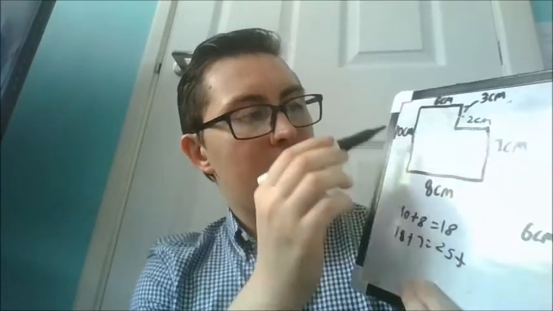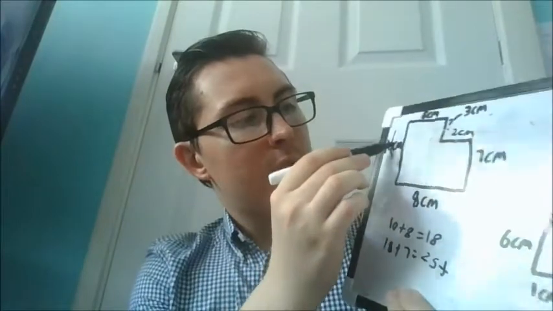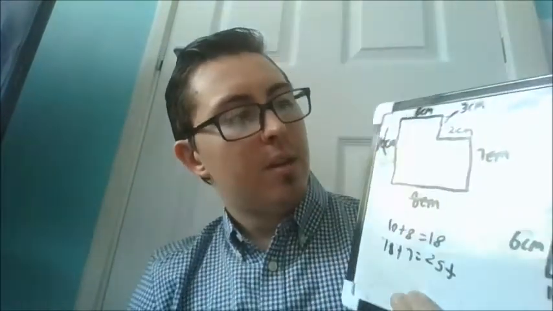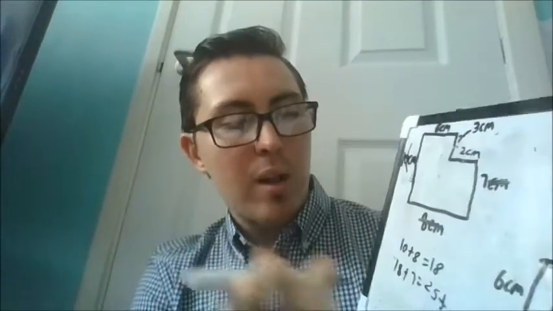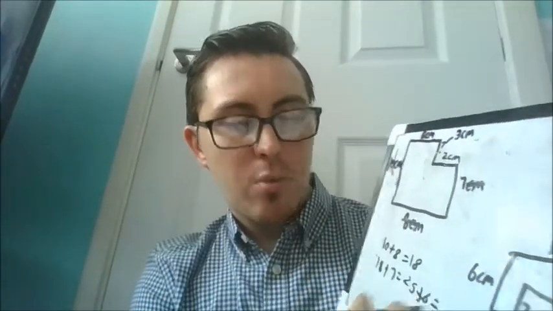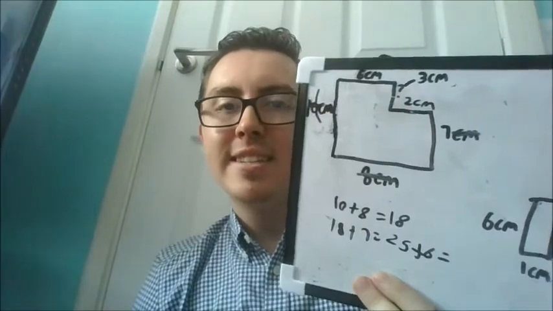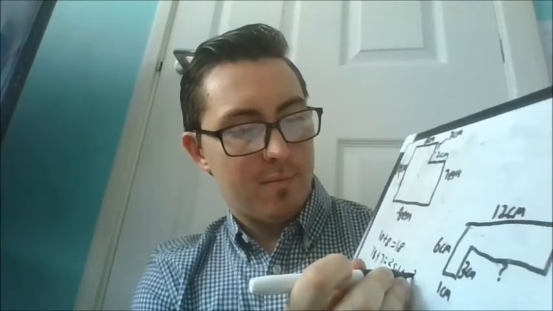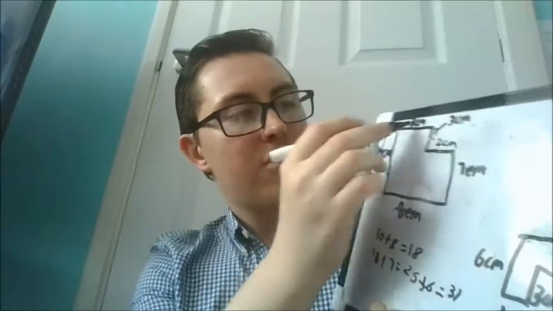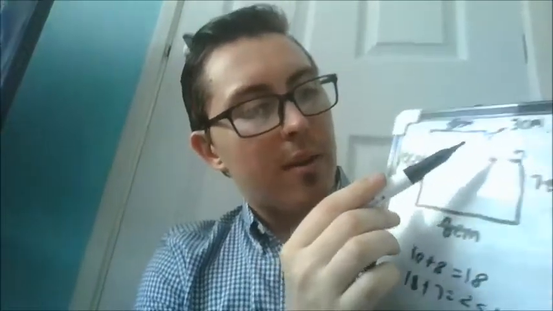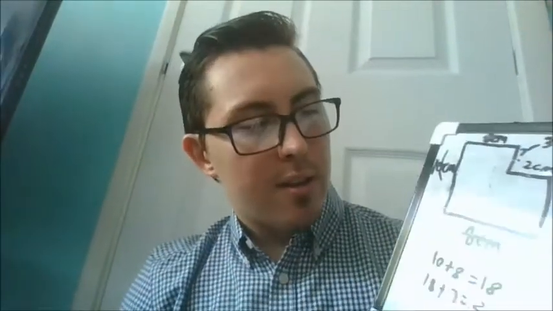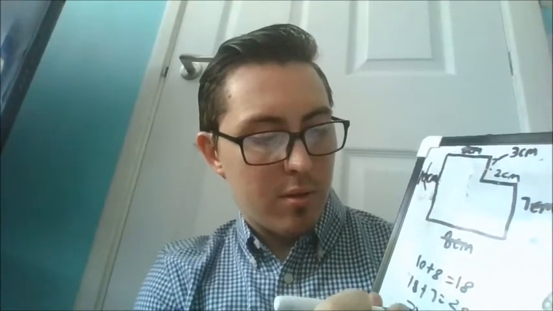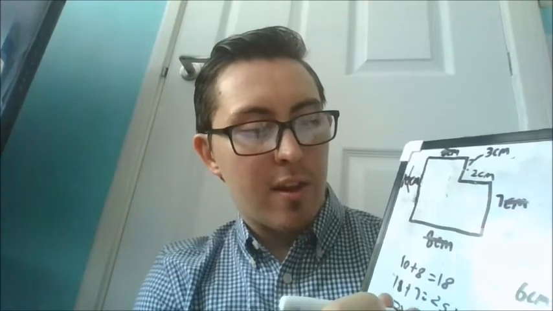What numbers do we have left? Let's cross them out as we go along as well. So we have 25 add 6. What does that equal? 25 add 6 equals 31. Cross 6 out. So we have 3 and 2 left. 31 add 2 is 33.